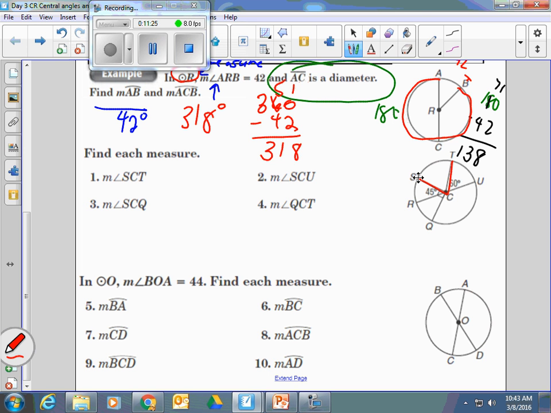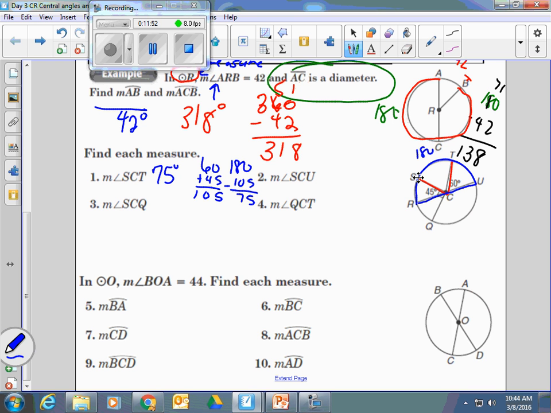We add the 60. 180, that's the diameter, right? And how big is a full diameter? 180. So we did the 60 plus the 45. There's 105, so 180 minus the 105 gives me 75. So this one would be 75 degrees.